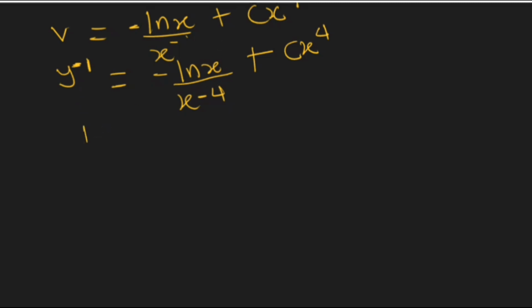So I'll have 1 over the expression negative ln x all over x to the power minus 4, plus c x to the power 4, and that will be equal to y.